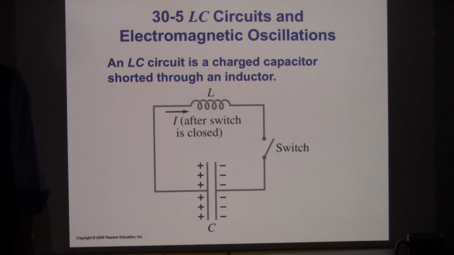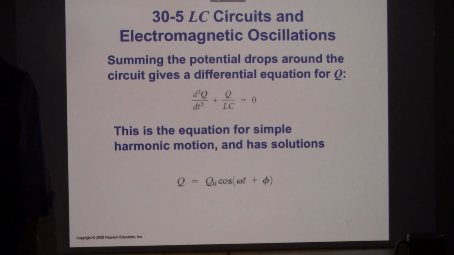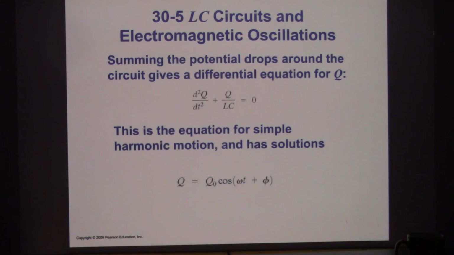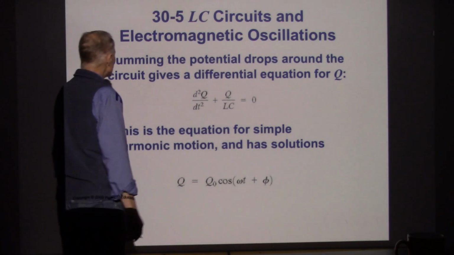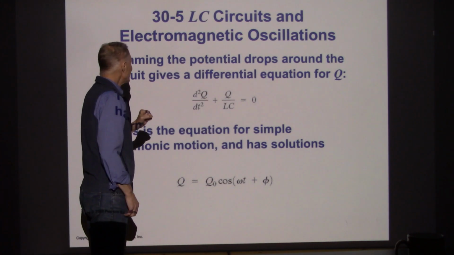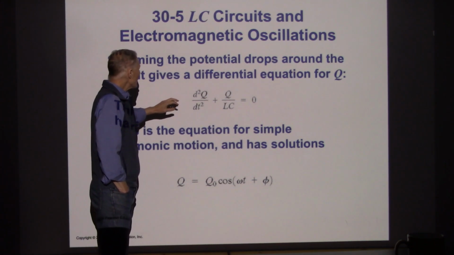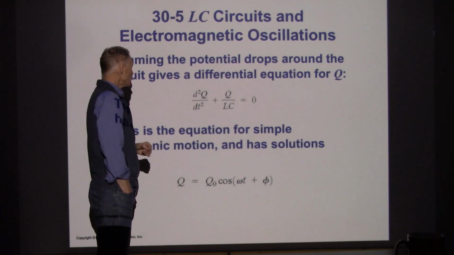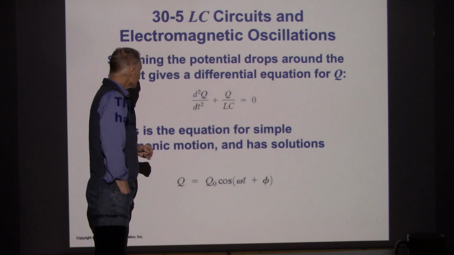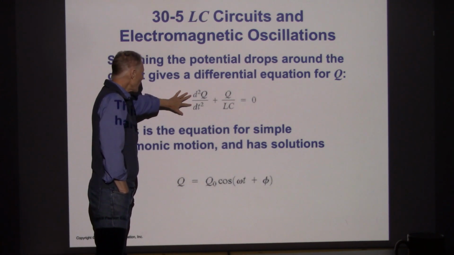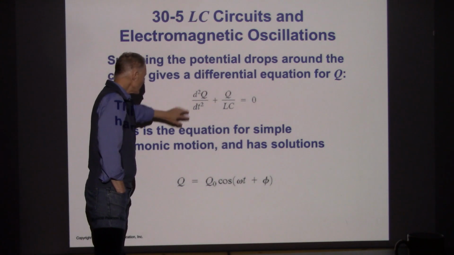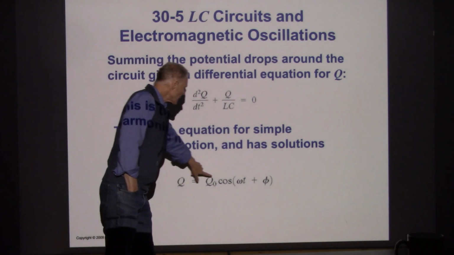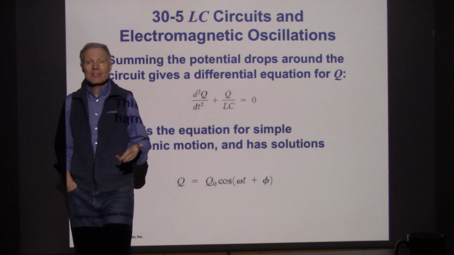So the capacitor is ready to discharge into the circuit, and the inductor is preventing the current from rising too rapidly. Well, here's where you go back to the mathematics, and you say that what we're going to end up with here is a differential equation representing how these circuits are working, and the differential equation tells us that the charge actually is going to be oscillating.